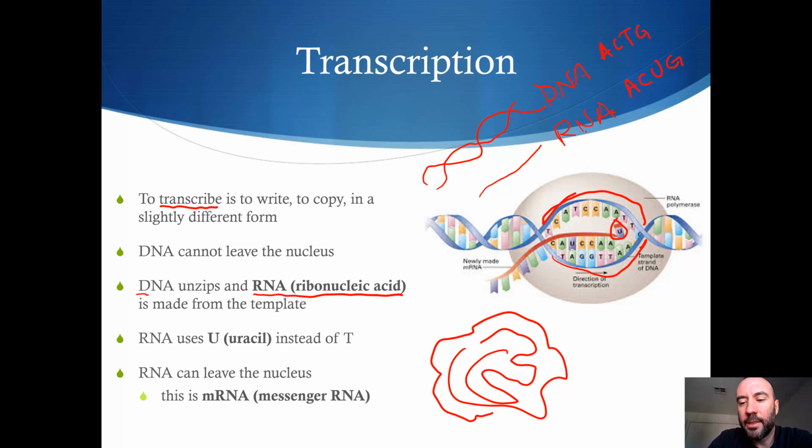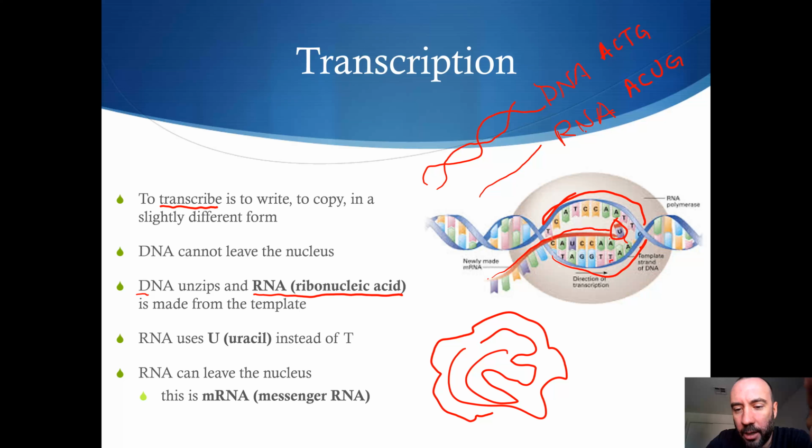So whereas with DNA, A would bond to T, because there's no T in RNA, A bonds to U, right? Recall, again, this is the DNA side, so that's why there's a T here, and it bonds with an A in the RNA, right? So the newly made RNA strand is here, okay? The bases are getting added here. So it copies essentially one side of the genetic code, all right?